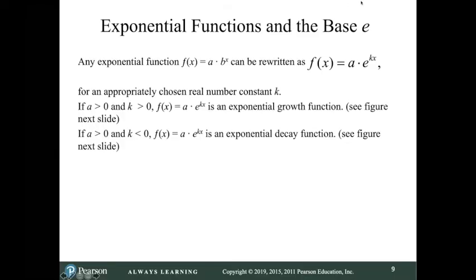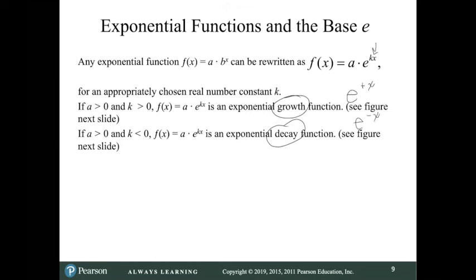Okay, so in words, what we just saw: when we have an exponential function, we can write that with the base e, with the natural base, okay? But because we're writing it with the natural base, our exponent can also have a coefficient now. When that coefficient is positive, e to a positive number x, then that will be growth. When that coefficient is negative, we have decay. That's e to a negative number x.